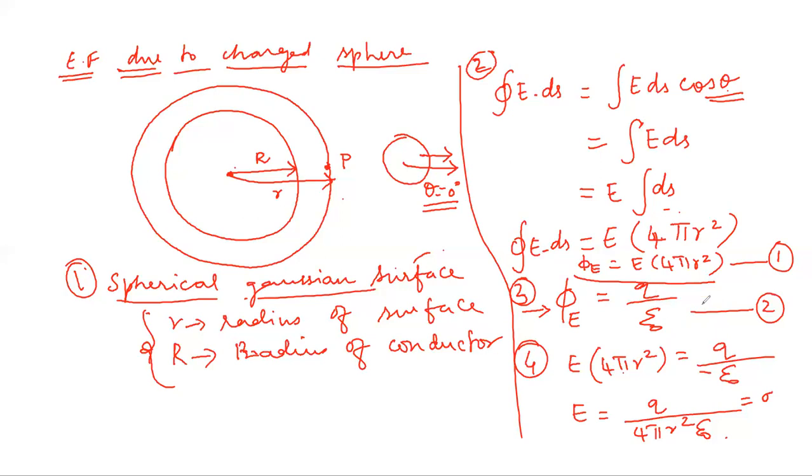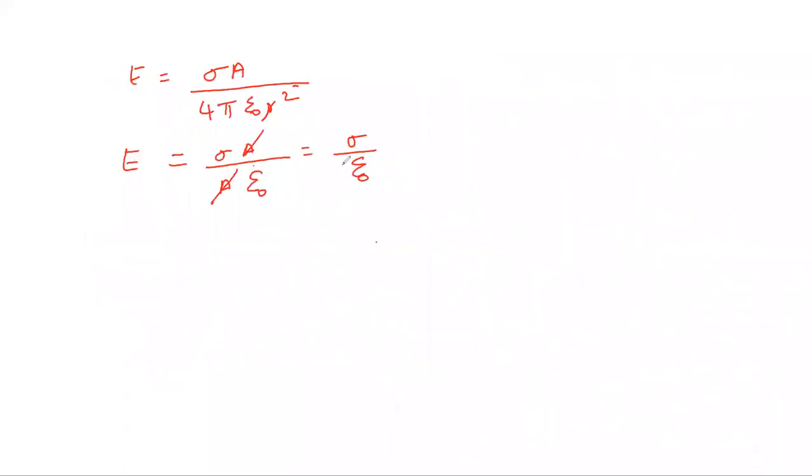If I see equation 1 and 2, the LHS is the same, so I am equating the RHS. Since the charge is not at only one point but distributed uniformly throughout the conductor, I am using the term sigma. So instead of Q, I am going to use sigma into A. If I use it, I will get this, and after some small mathematics, I will finally arrive at E equal to sigma by epsilon naught.